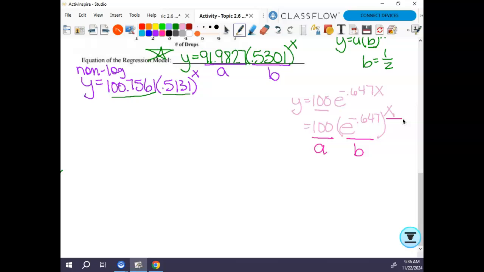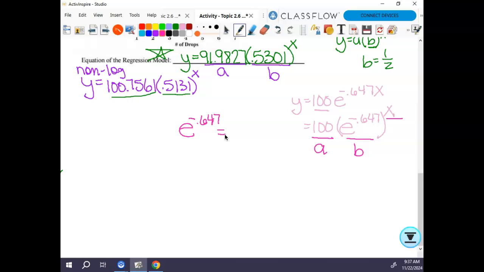So somebody that still has Desmos up, maybe a couple people, because I don't know if we can trust some of us typing, myself included. What is e to the negative 0.647 power? Somebody, anybody? What do we expect it to be close to? 0.5. Okay. None of y'all are willing to type for me?